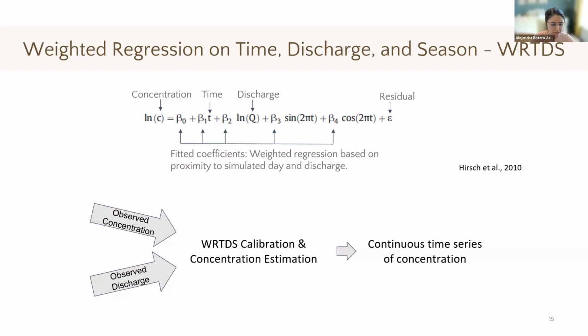So as you can see, the main inputs for our method are observed concentration and observed discharge. And the model uses this data to calibrate and to estimate a concentration for those days that have missing data or missing records. So at the end, we'll end up with a continuous time series of concentration that we use later on to estimate or to compute the trends analysis.